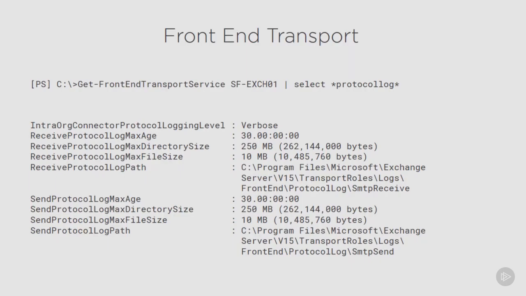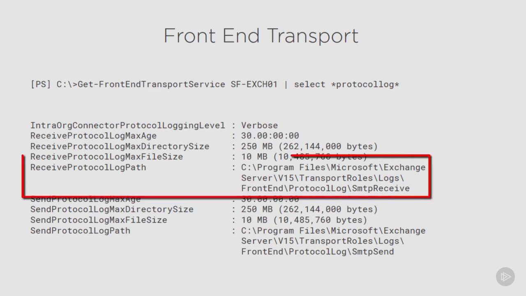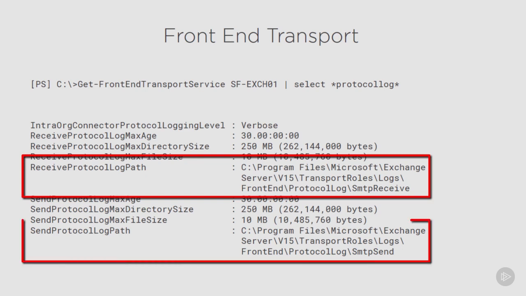Each service on the Exchange 2016 server has its own set of protocol logs and protocol log settings. So the front-end transport service has one set of logs stored in the C Program Files folder under a subfolder called FrontEnd, and there's a subfolder in that protocol log folder for receive logs and a separate one for send logs.